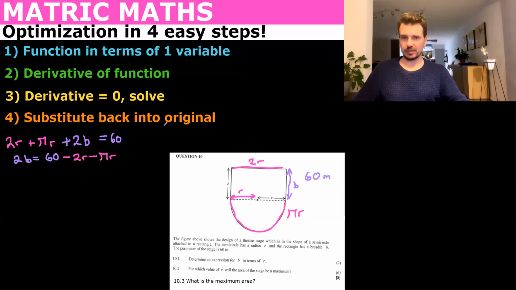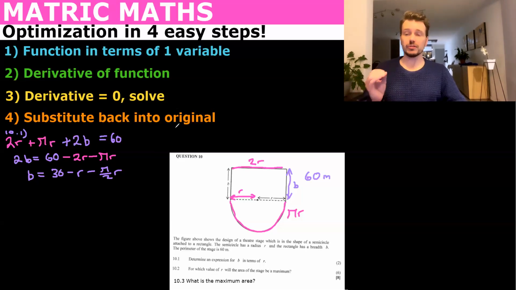Divide that all by 2, and we get now an equation for b in terms of r, which is 30 minus r minus pi over 2 r. We've divided everything by 2. So that is our 10.1 done. Okay, so that was the first bit, and that is going to be where we start our steps.